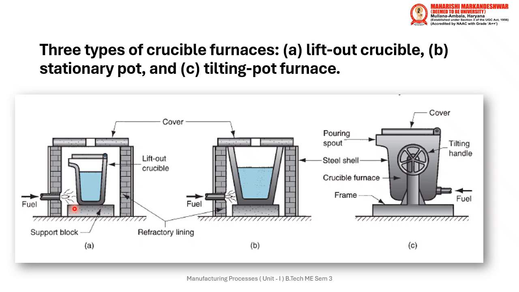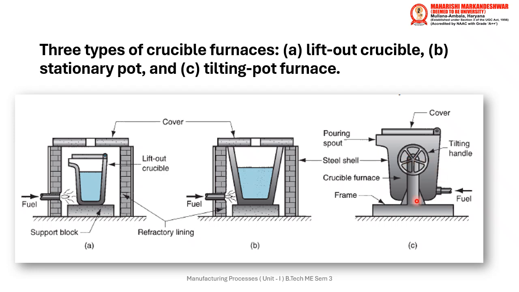So this is a lift out pot, you can lift it. So once removing the cover, this pot can be lifted. This is a stationary, it won't be lifted. It is mounted with respect to the wall, and the metal is being poured from the stationary pot.